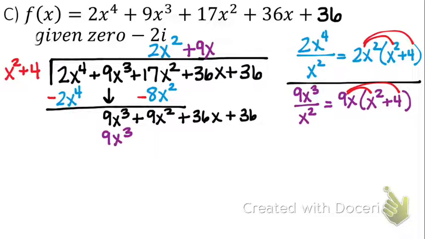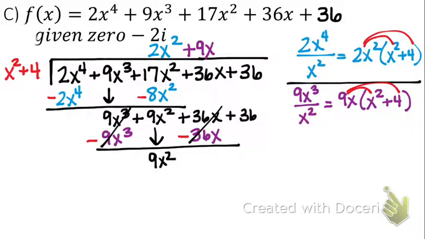And then we have 9x times 4, and that would be a 36x. Change. And we have two things that dropped out. So I'm down to just a 9x squared and a plus 36.